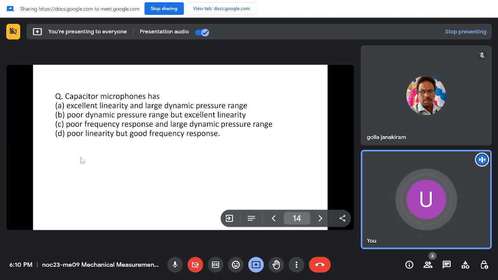B, poor dynamic pressure range but excellent linearity. C, poor frequency response and large dynamic pressure range. D, poor linearity but good frequency response.